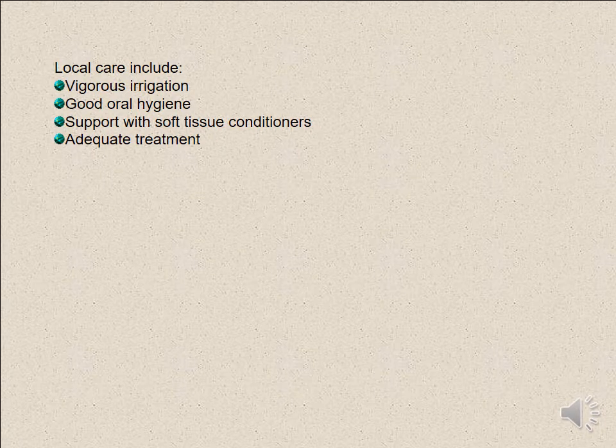We have certain local care, which includes vigorous irrigation. When using the surgical burs, you must irrigate because the high speed leads to bone necrosis. You must have good oral hygiene, so give the patient a mouthwash, and once oral hygiene becomes good, then make the denture.